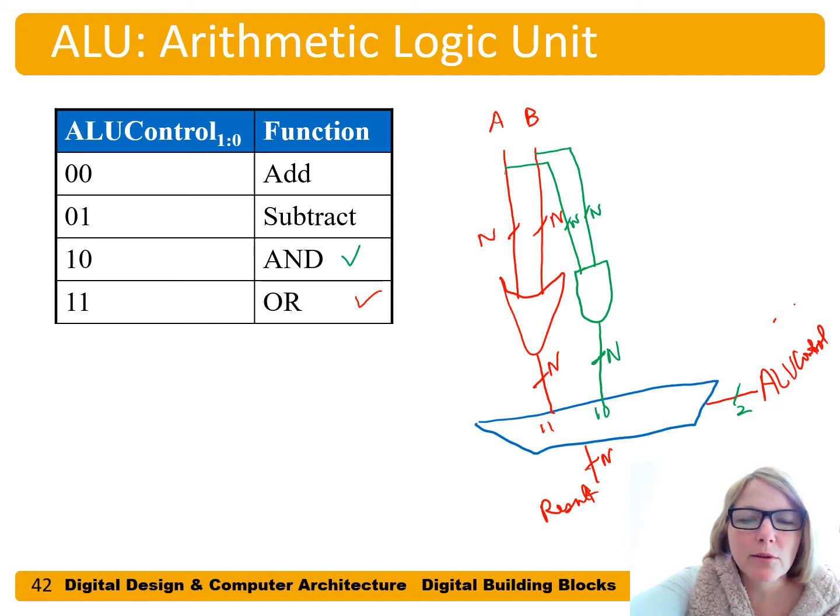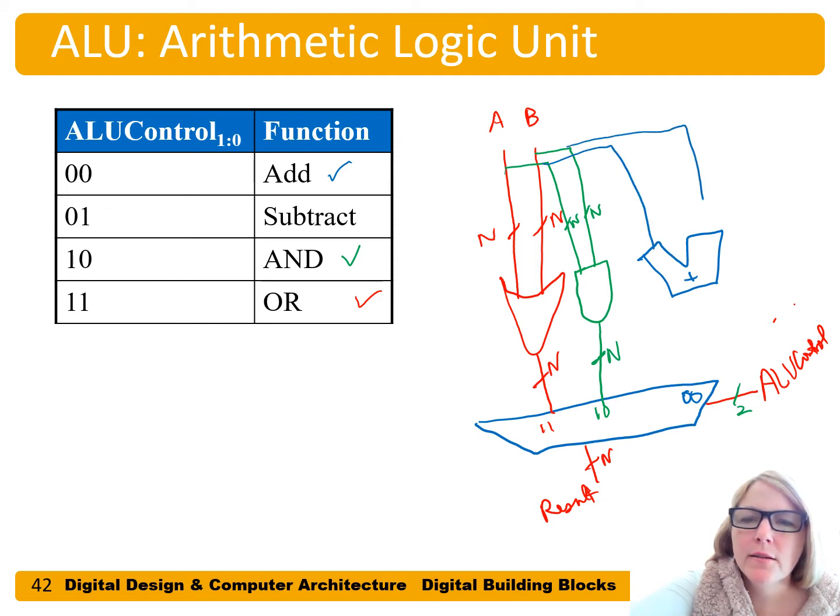Let's jump up to do add. So let's say we want to do an add operation of A plus B, and that would be our 0, 0 option here. So for A plus B, we'll put in our adder there, and feed in our A, and then feed in B, and again, n-bit buses.